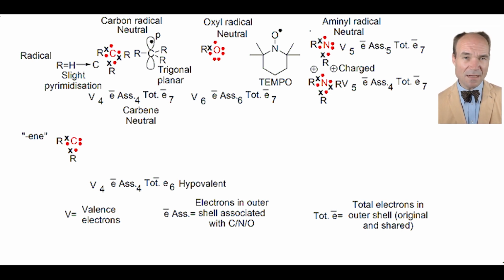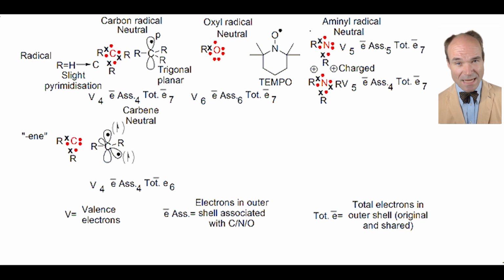The carbene is commonly an sp2 center, but there are 2 possible forms. The first has 2 unpaired electrons, and they both have the same spin state. They are degenerate, that's to say, the same energy. One of the non-bonding electrons is in a p orbital, and the other non-bonding electron is in an sp2 orbital.